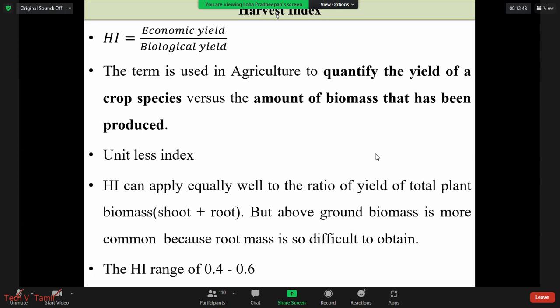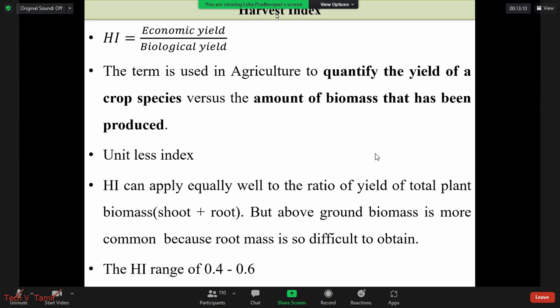You should have that idea, because the economical yield is a part of the biological yield. For example, the biological yield is 5 grams and the economical yield is maybe 2 grams. So 2 divided by 5.